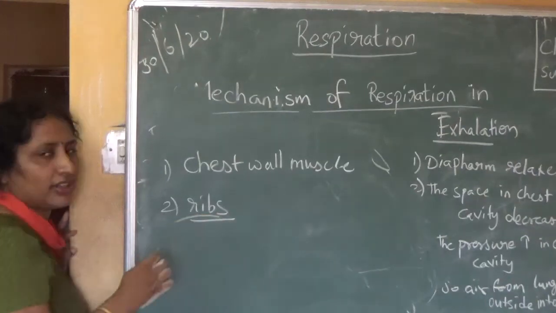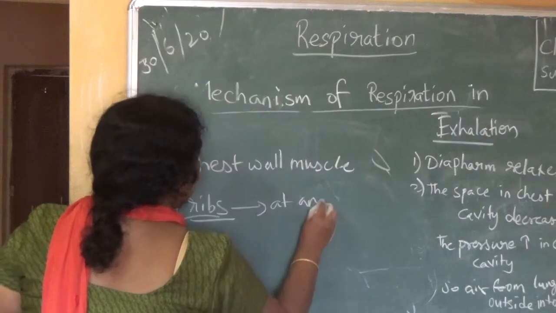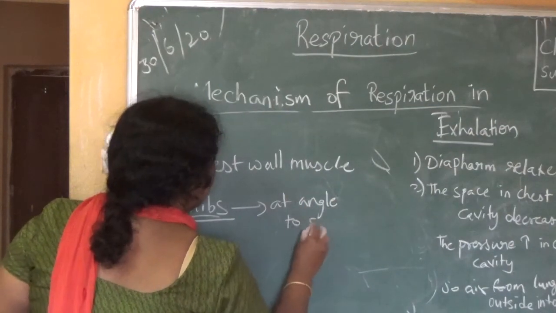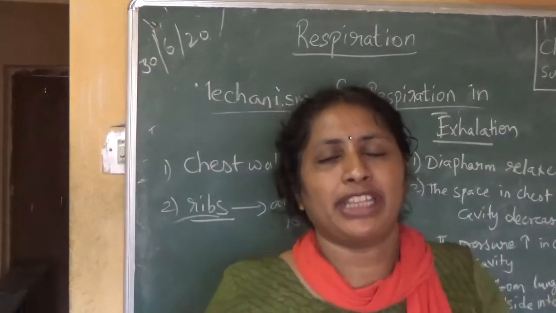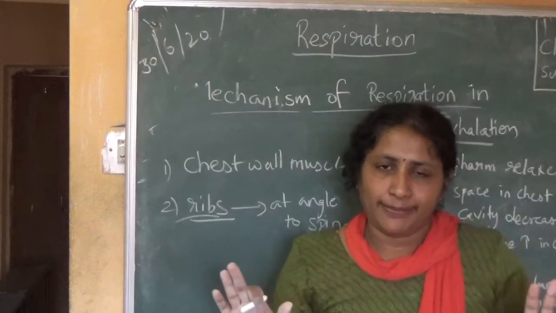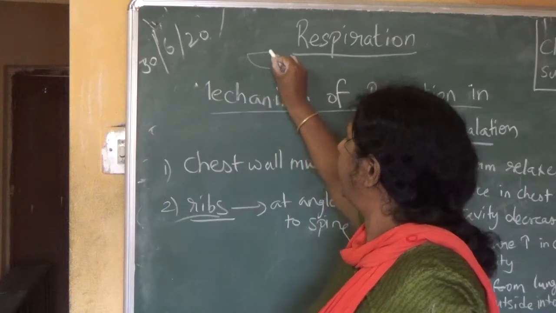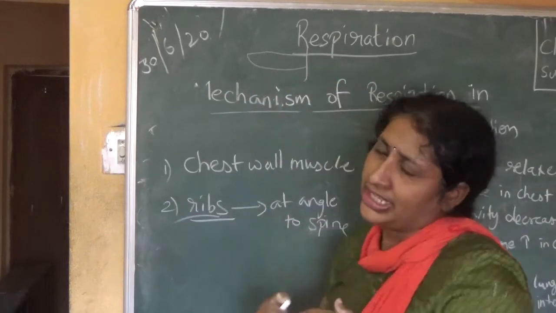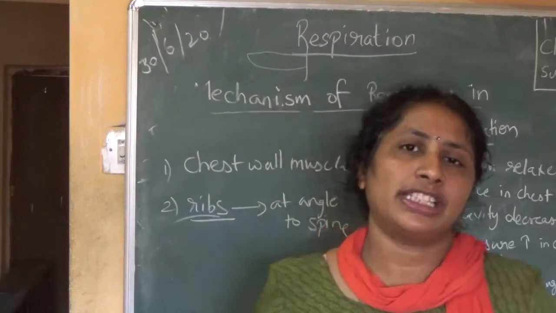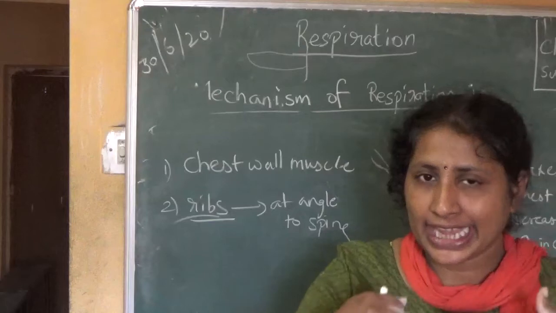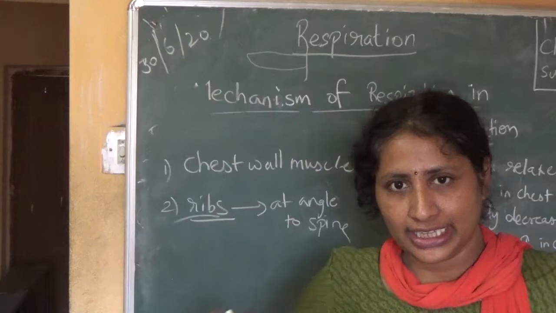If you see the ribs, they are arranged at an angle to the spine. You can feel your ribs by touching with your finger. At the front they are attached to the sternum, at the back they are attached to the spine. Not all the ribs are arranged straight; they are arranged at an angle to the spine.